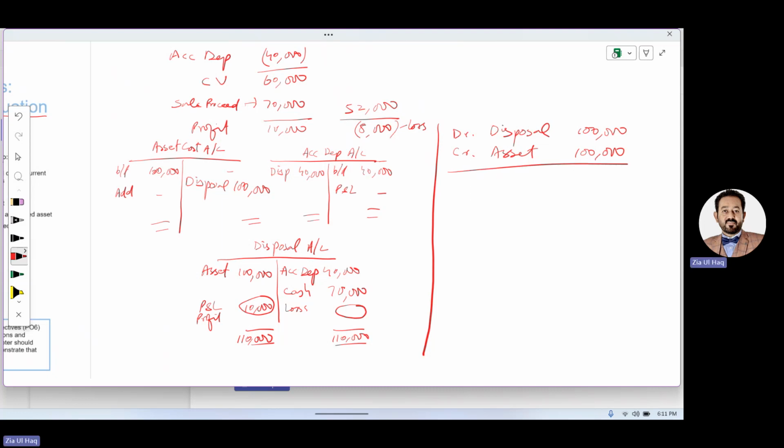We need to eliminate the asset from the asset cost account. Then for elimination of accumulated depreciation, we will debit accumulated depreciation with 40,000 and credit disposal with 40,000.